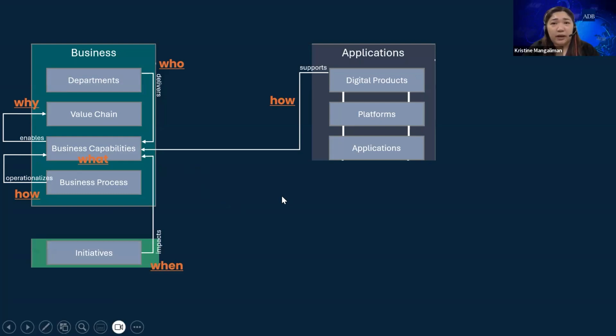There's also an aspect of when we connect our projects or initiatives that impact those business capabilities. Say we implement a new system, which business capabilities, and then later on, which business processes are impacted.